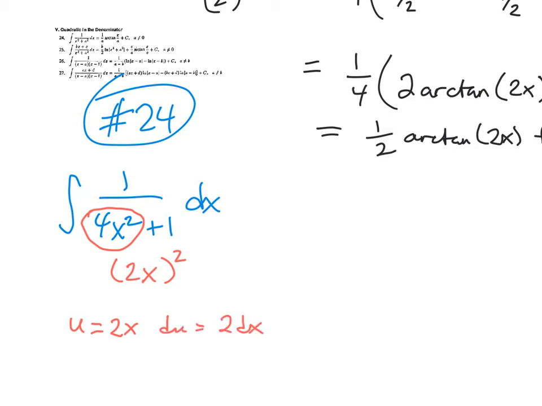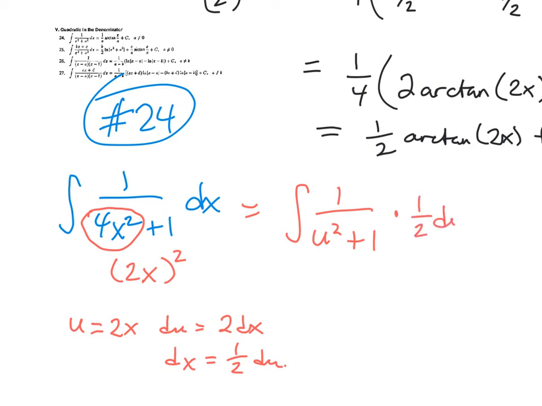And I don't see an extra factor of 2 hanging around, so I'm just going to go ahead and rewrite dx as 1/2 du. So I'm going to say this is equal to the integral of 1 over u squared, where u is 2x, plus 1, and then times 1/2 du. And then let's just go ahead and chase this down.